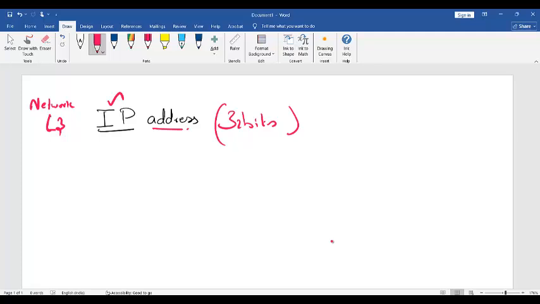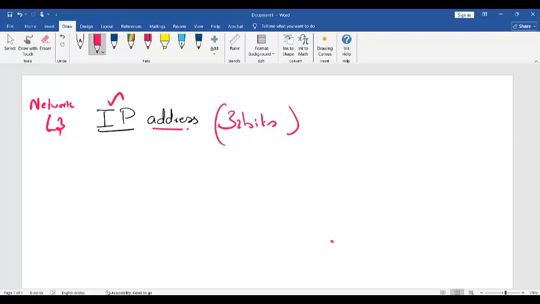We call it an IP address. This address is a logical address. Why do we call this a logical address? This address, we can give anything.